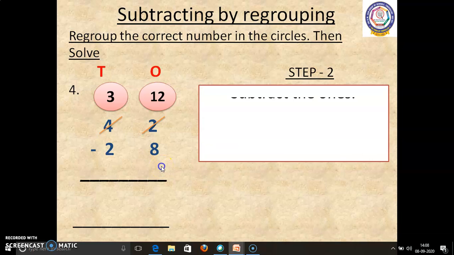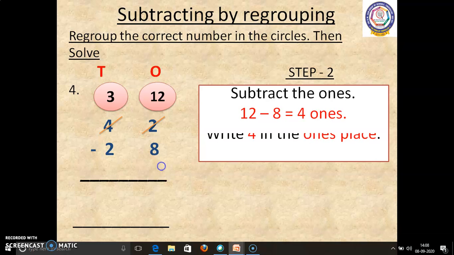Step 2. Subtract the ones. 12 minus 8: 12 in the mind, 8 in the finger. 12, before it 11, 10, 9, 8, 7, 6, 5, 4. 12 minus 8 equals 4. We have to write 4 in the ones place.